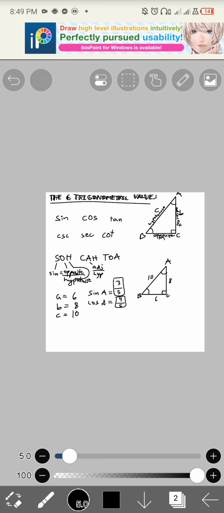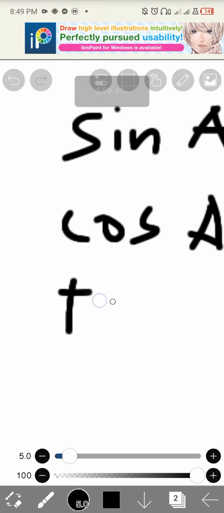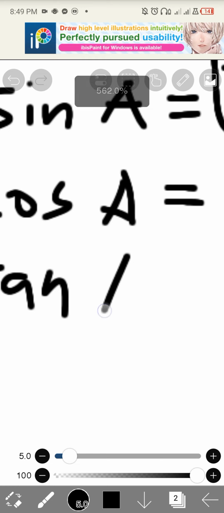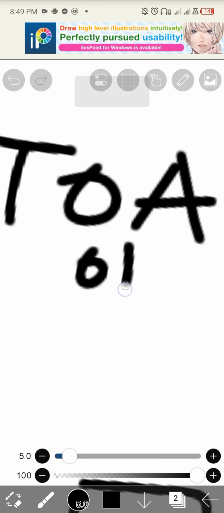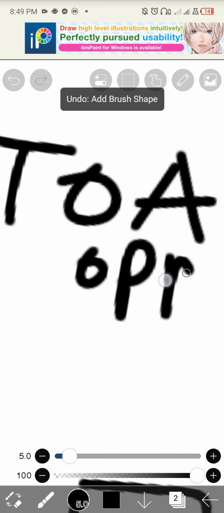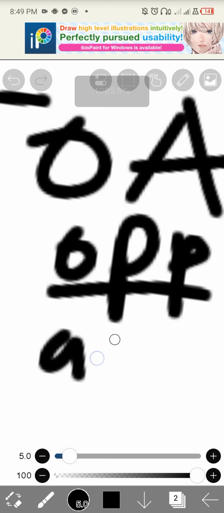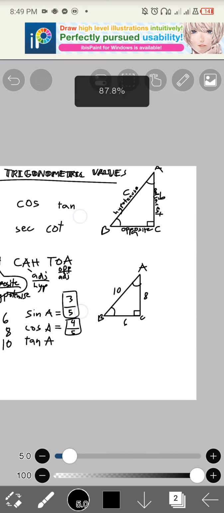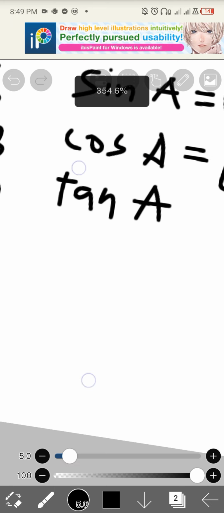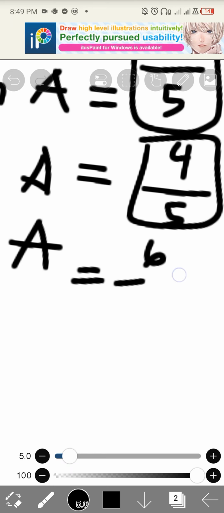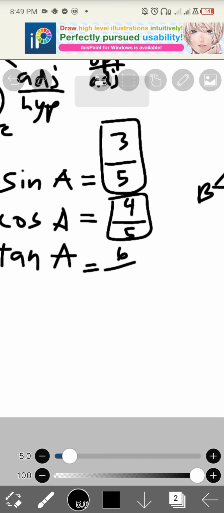Next is tangent. Tangent is equal to opposite over adjacent. So the opposite of angle A, again, is 6. At this point, you just substitute.